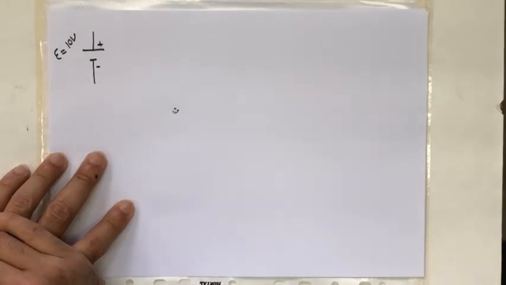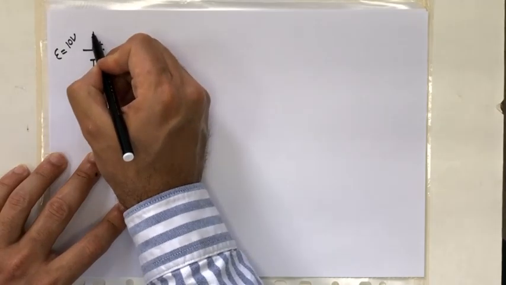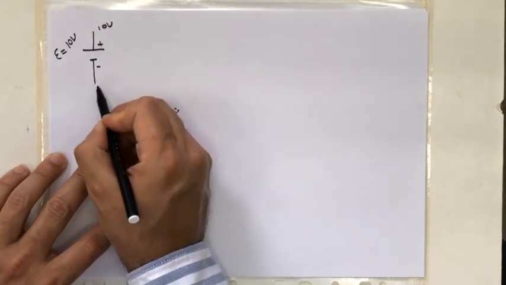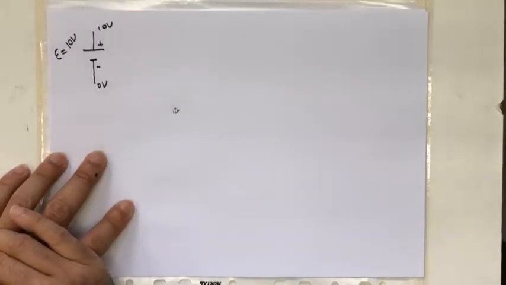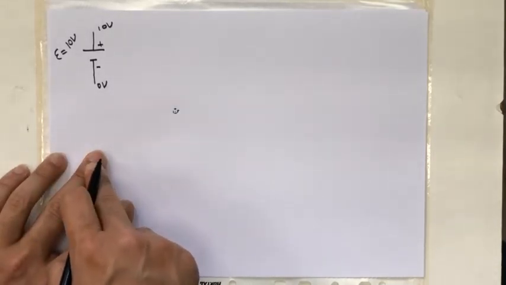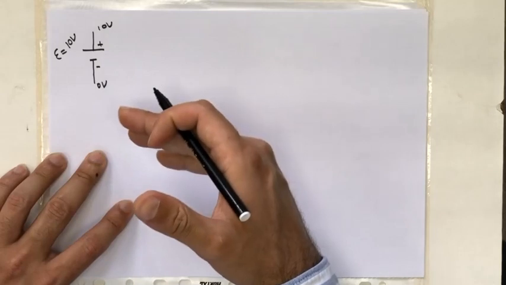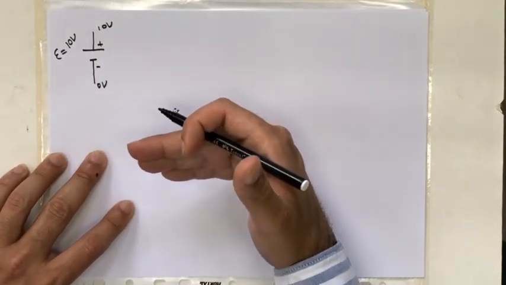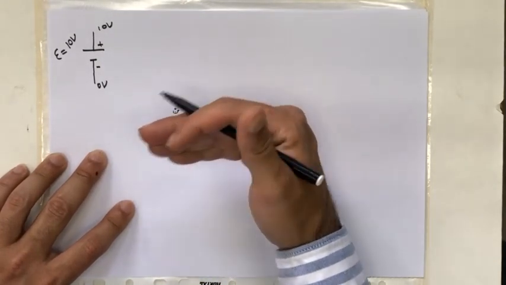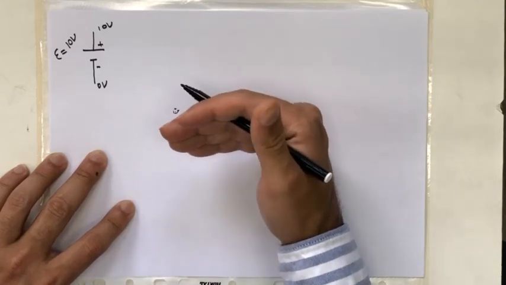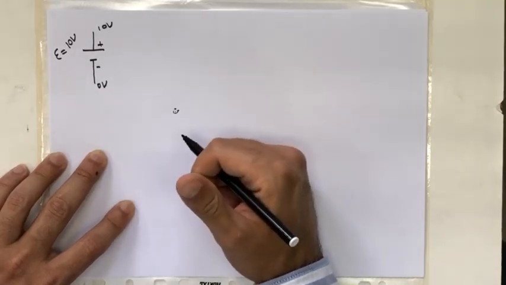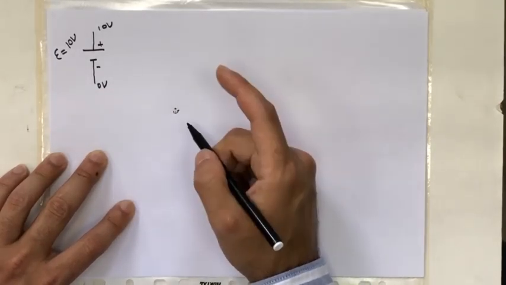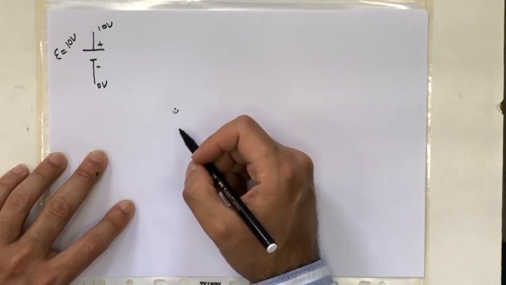So this terminal is at 10 volts and this terminal is at 0 volts. Whenever the current flows from low potential to high potential, the energy of the charges is increasing, and this creates a positive voltage because the battery is transferring energy to the charges. So a battery increases the voltage of the charges, but a resistor decreases it.